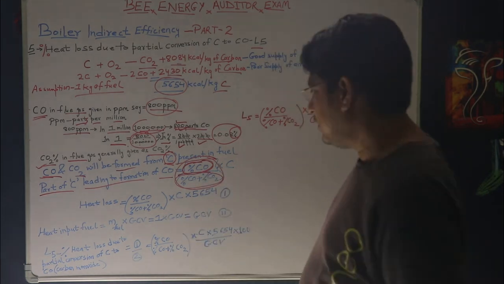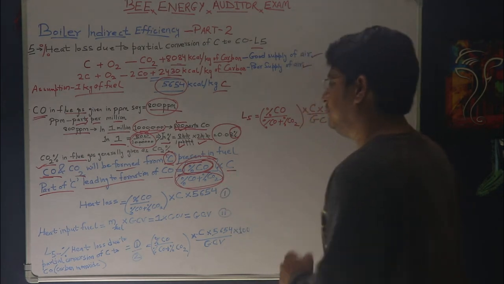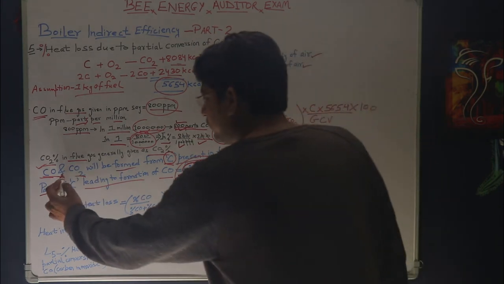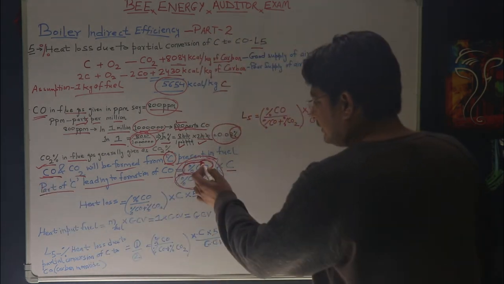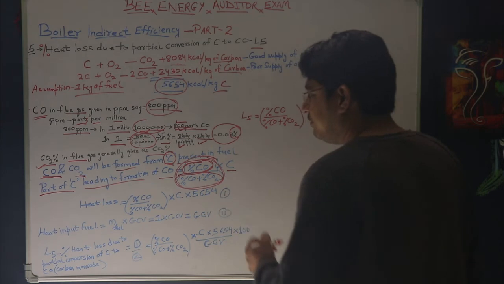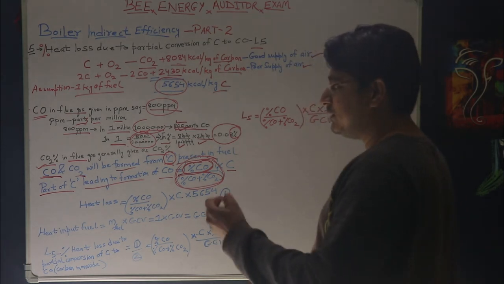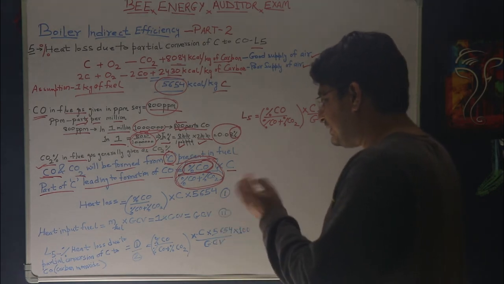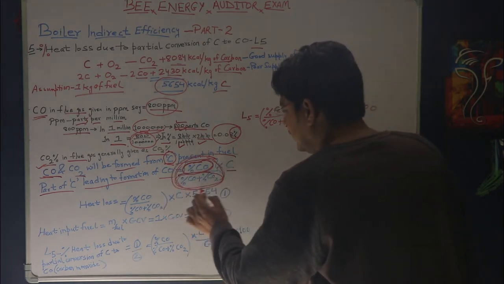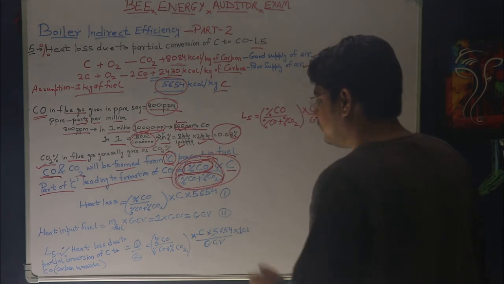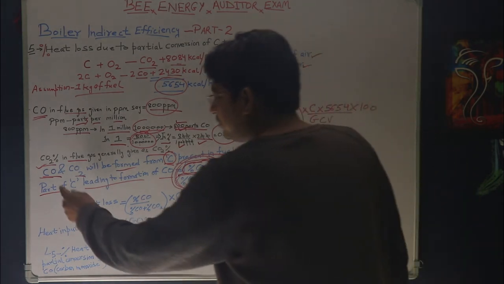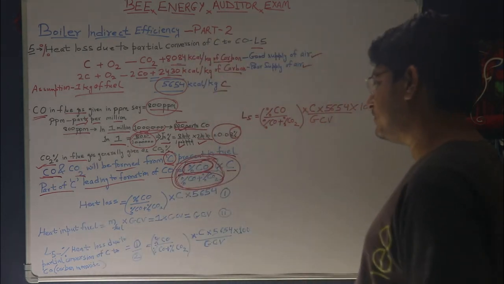Now I can calculate how much of this carbon which is present in the fuel has resulted in the formation of carbon monoxide. Since this is the ratio in which the carbon monoxide has been found in the exhaust flue gas, accordingly I can say that this much is the value of the carbon which has resulted in the formation of carbon monoxide.